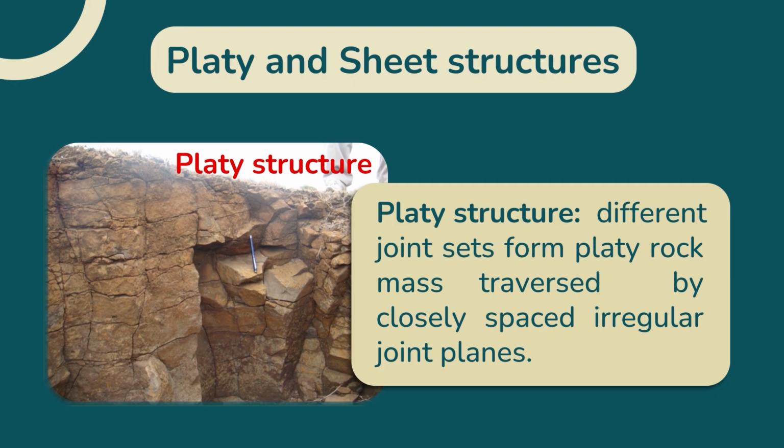See this left hand side photograph. Here several joints, vertical as well as horizontal, crisscross the entire mass of the rock, and they are very closely spaced and irregular. You can see irregular surface and rock mass; this is called the platy structure.